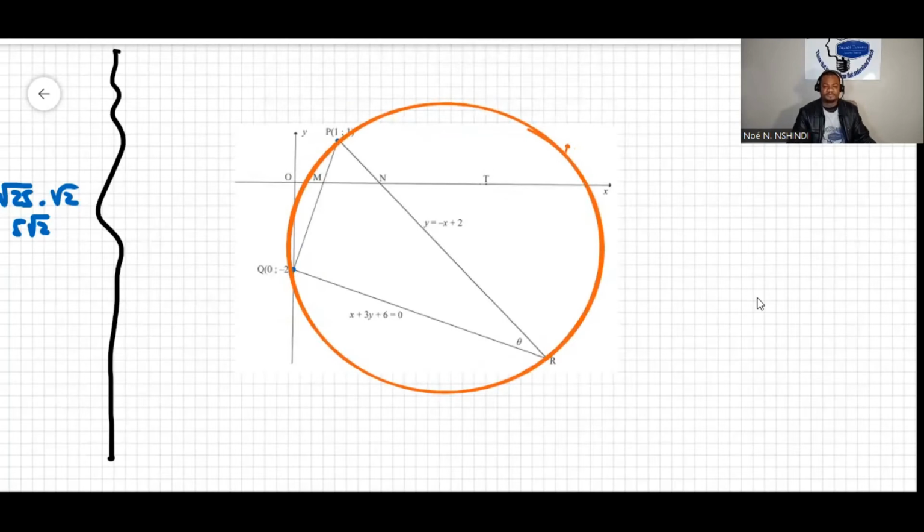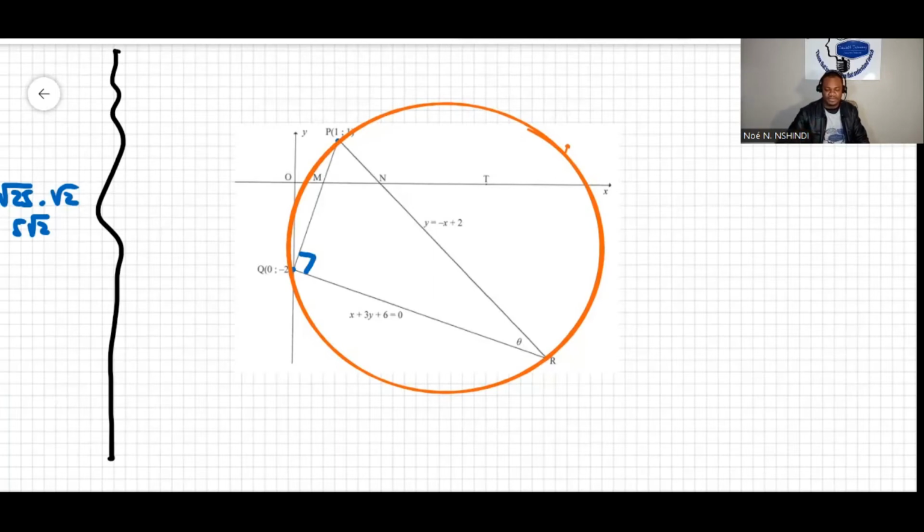Then by inspection, you can already see that this line here seems to be the diameter, and I'll tell you why. Remember, in Euclidean geometry, you learned that over here it forms a 90 degree angle, and it is said that the chord subtends 90 degrees at the circle.